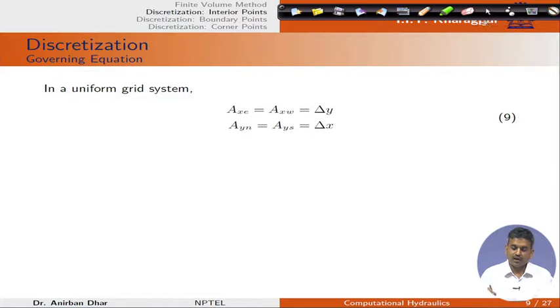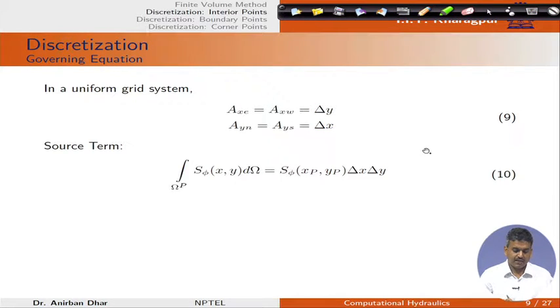Now, we can utilize this for our case, and for the source term we can approximate it with our approximated value at the center point into volume. Del x into del y into 1 is the volume of this particular cell.